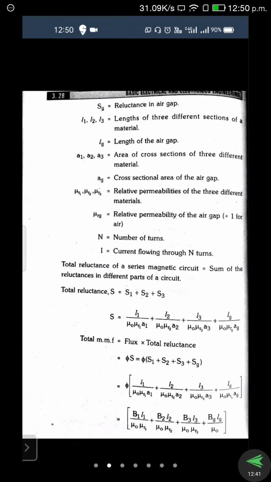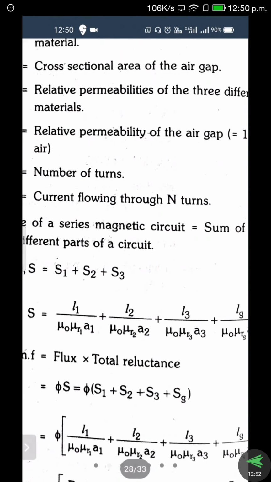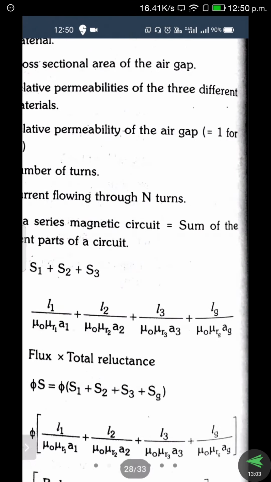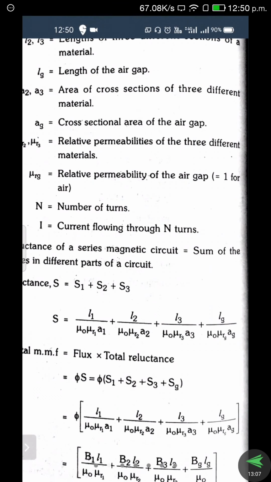Similarly, we apply this for all the quantities. Then we get the equation: S is equal to L1 by mu naught mu R1 A1 plus L2 by mu naught mu R2 A2 plus L3 by mu naught mu R3 A3 plus LG by mu naught mu Rg Ag. This is the reluctance value we found for the three materials with the air gap.